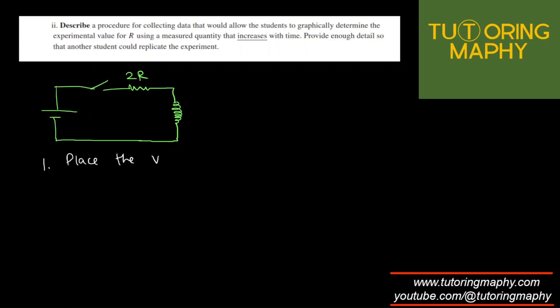Place the voltmeter across RA and RB combined. Second is close the switch.